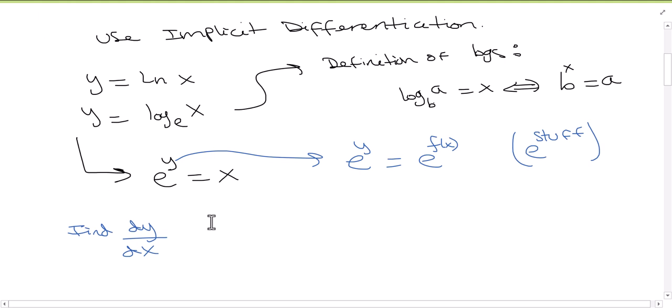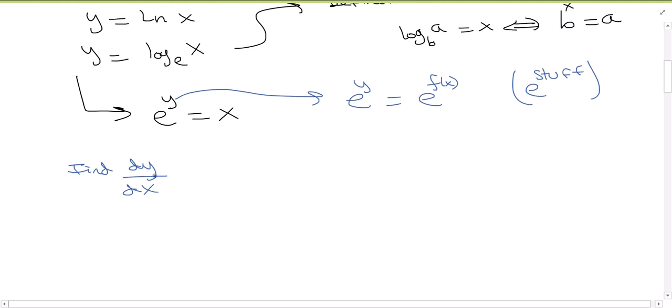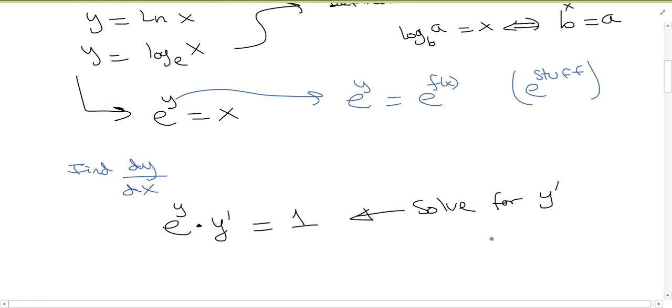So the derivative of e to the y will be e to the y times y prime, equals the derivative of x with respect to x, which is just 1. Solve for y prime, since we're trying to find the derivative. That means divide both sides by e to the y, and I'm left with y prime equals 1 over e to the y.